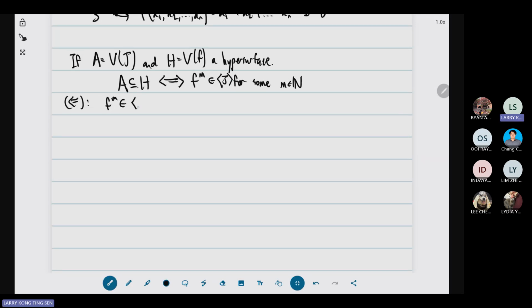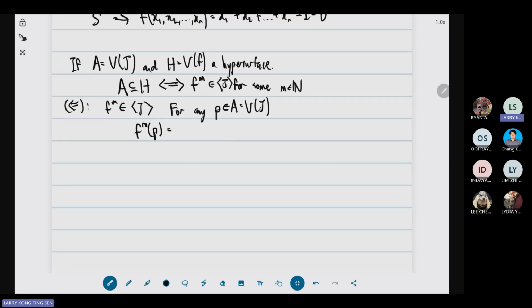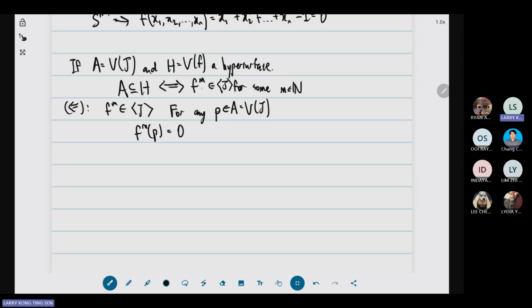So if there is some power of F in the ideal, then for any p in A, that is V(J), we have F^m(p) equals 0.